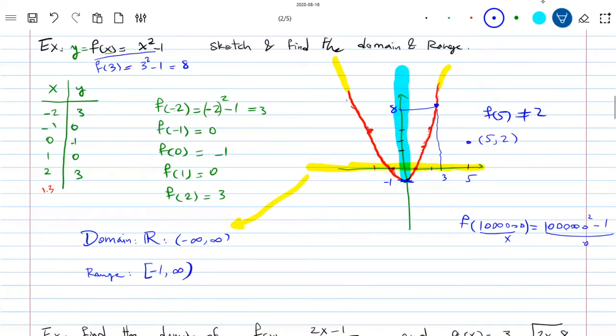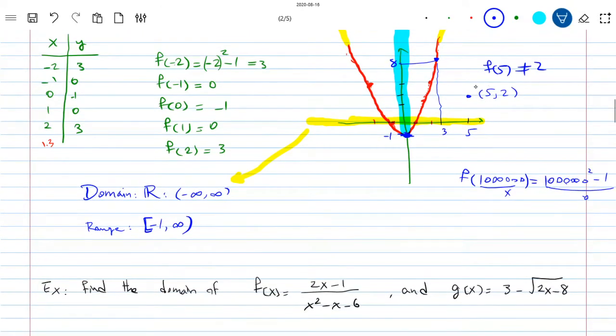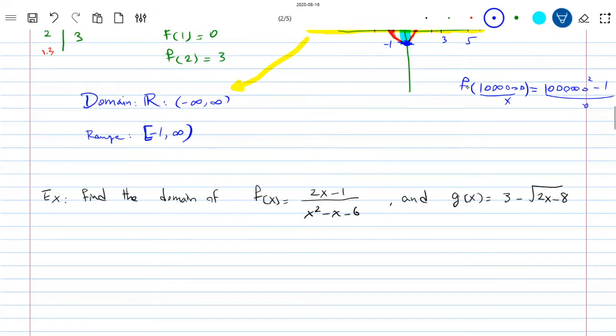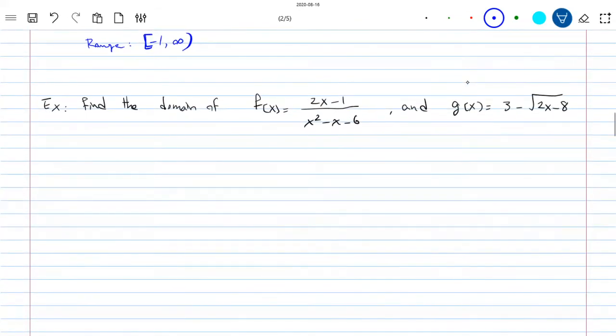And you see that at -1 I use a bracket because -1 already belongs to the range. There is a y value of -1. The y values are always above -1. So the projection onto the x and y axis basically tells you the domain and range, based on the graphing. Sometimes you do not want to graph it, and here's an example for the domain.